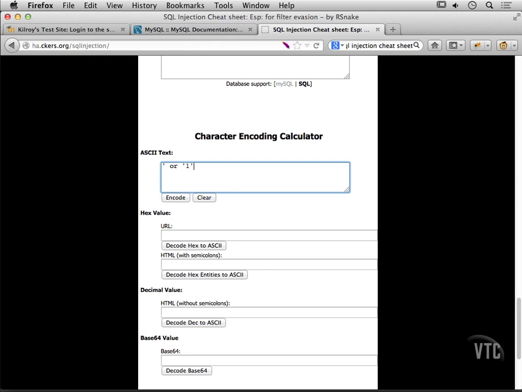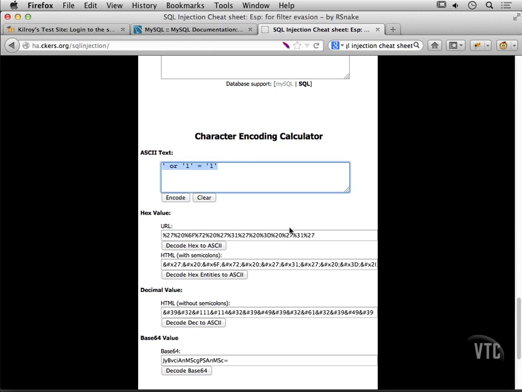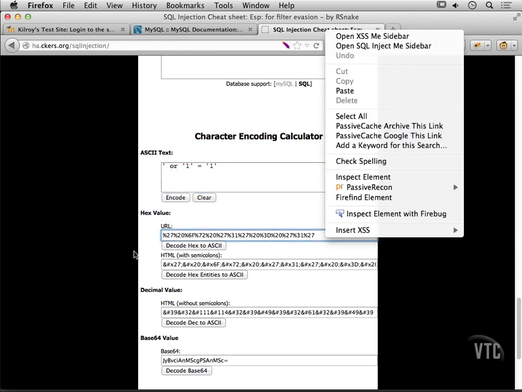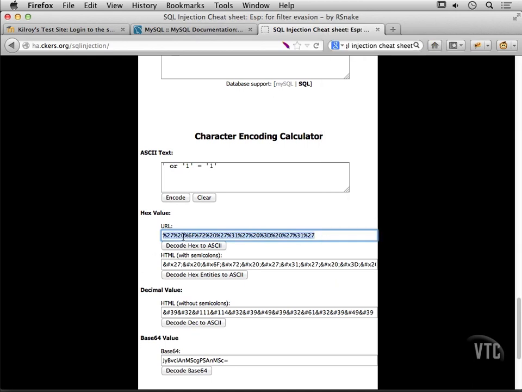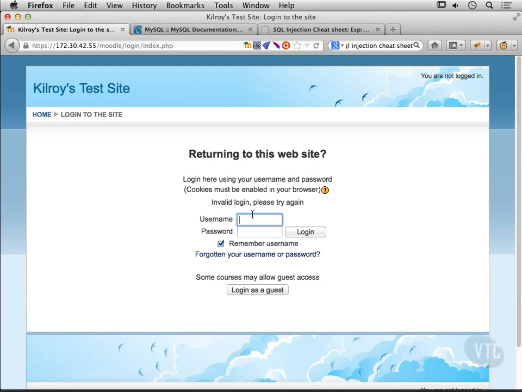Let's just do the simple one. So I want to ASCII encode that. Now here's the ASCII encoding for it. Now I could go back here and plug this in and see whether that actually got me anywhere. And in this case it doesn't. But that's how you would ASCII encode a SQL injection.